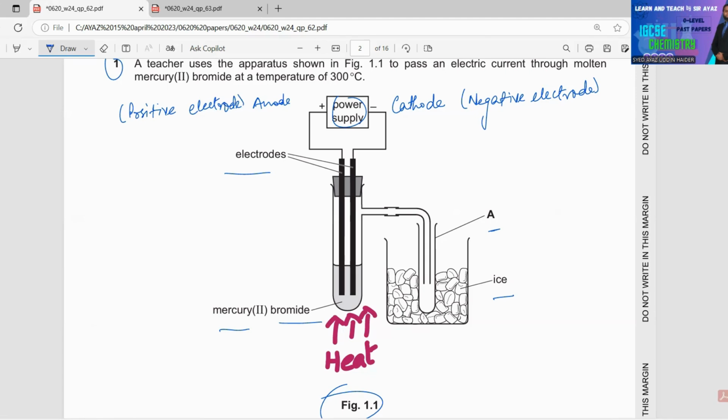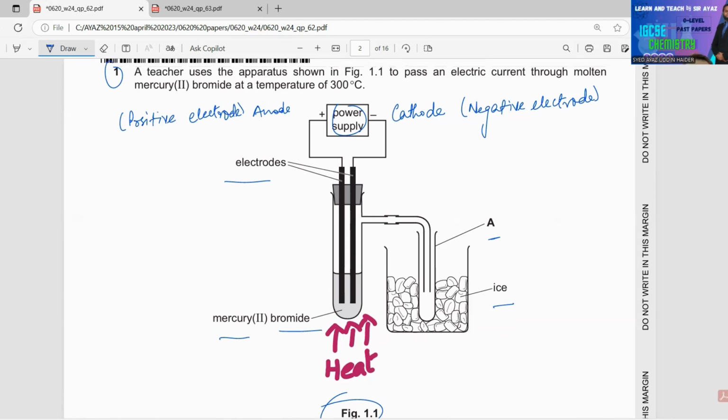So mercury should be collected at the cathode. Should be at this point. One.